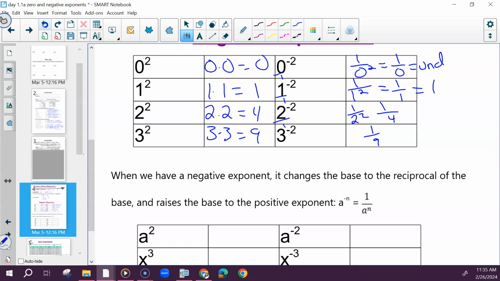You wouldn't have to put a negative. This is times, not minus, but yeah. So your negative exponents don't make your bases negative. It doesn't change it to a positive or a negative. Now, if you had a negative in there, that would be a whole different story.